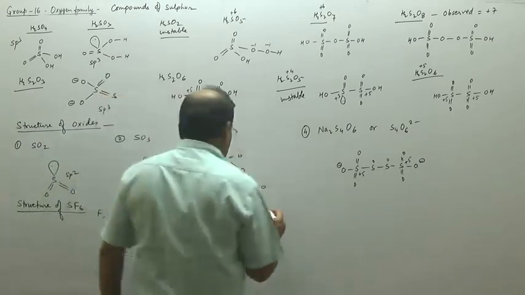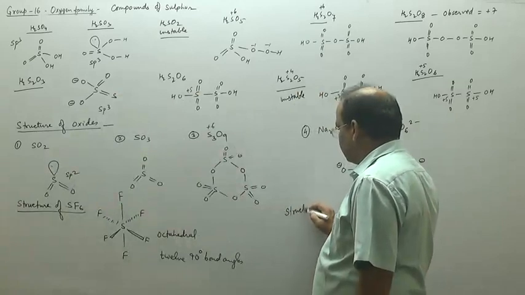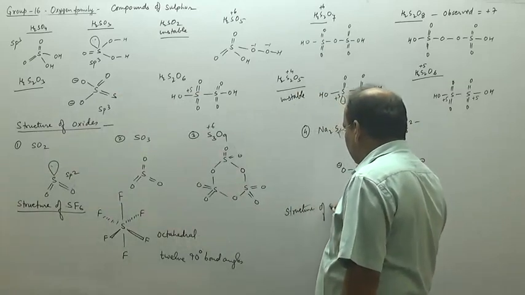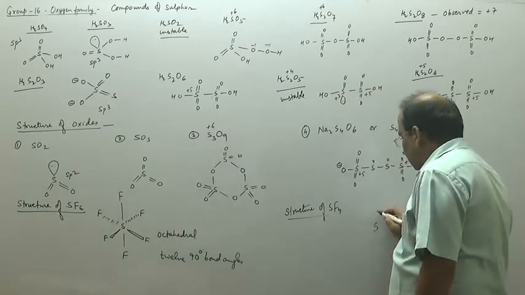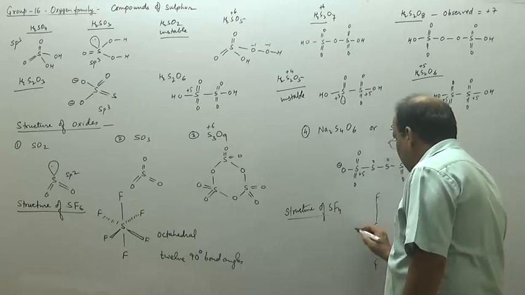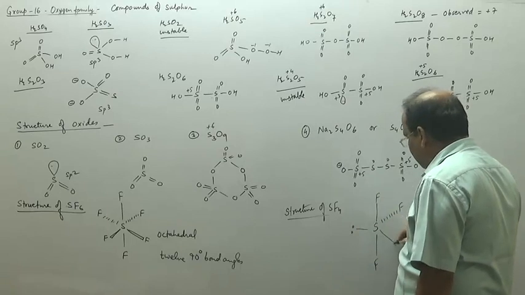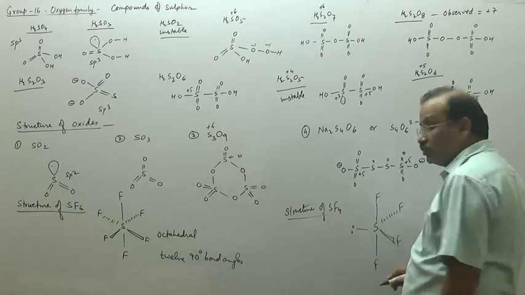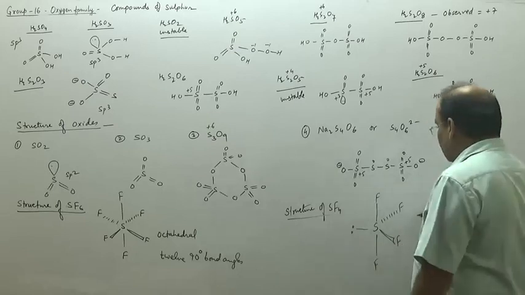And the structure of SF4. The structure of SF4 is like this, that is, fluorine, fluorine, then I'm going to write that there is a lone pair there, and one of them will be like this and the other will be like this. So in this case we used to say that the 90-degree bond angle is 0, 120 degree is 0.